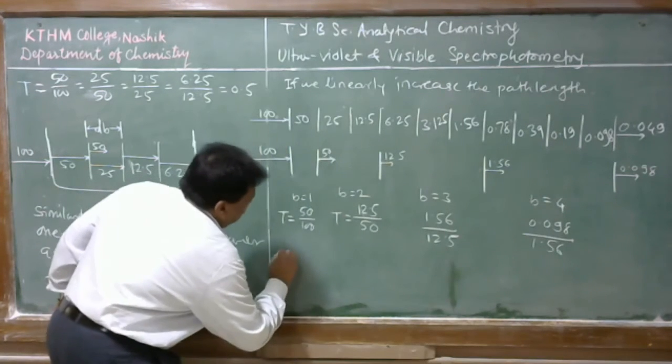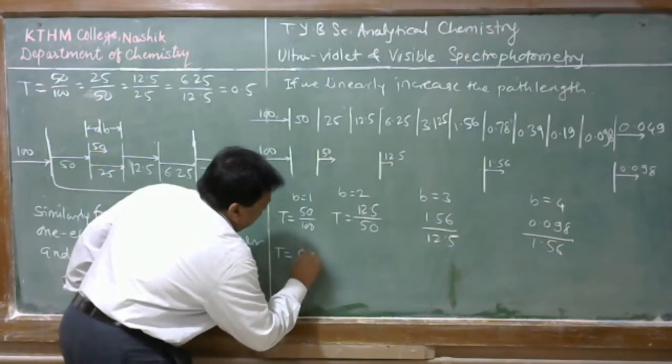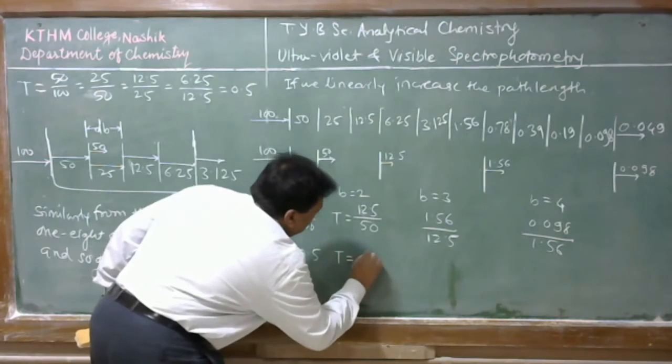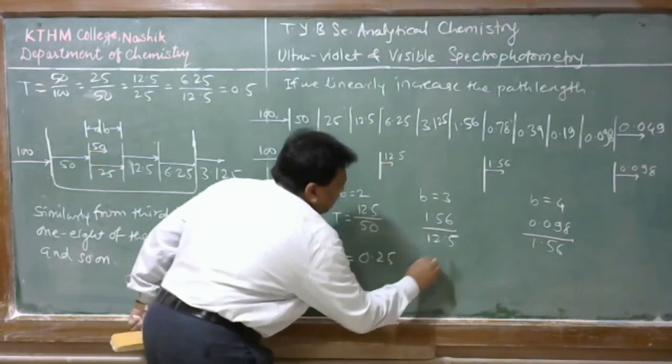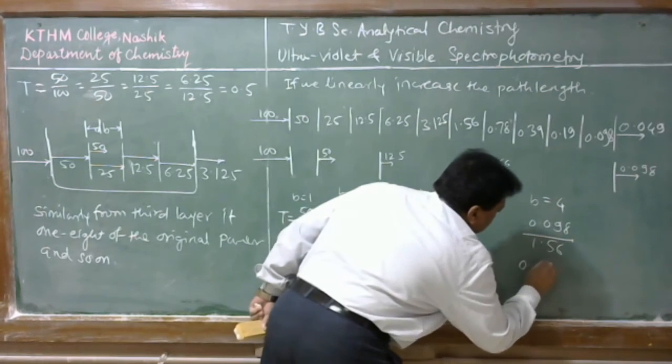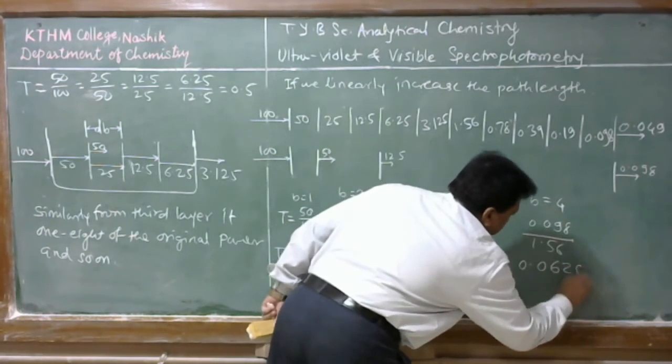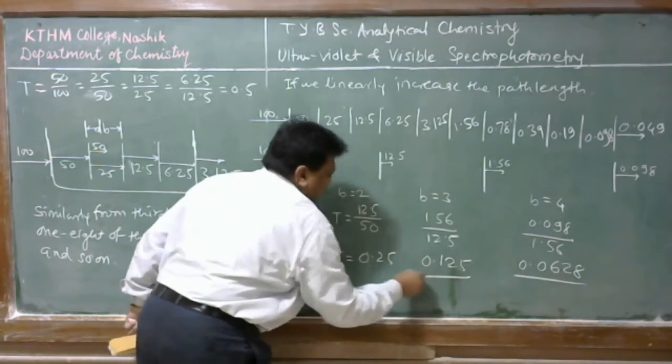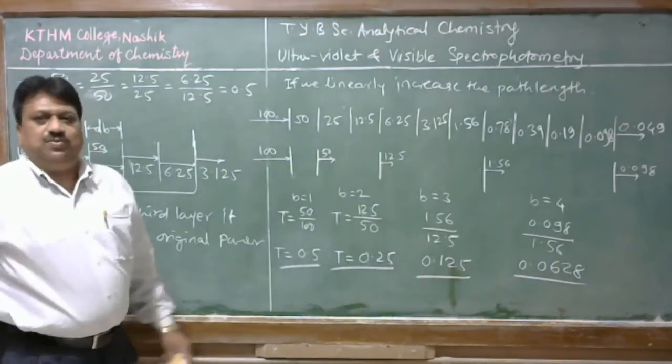Therefore, T is equal to 0.5, T is equal to 0.25, T is equal to 0.125, and T is equal to 0.0628.